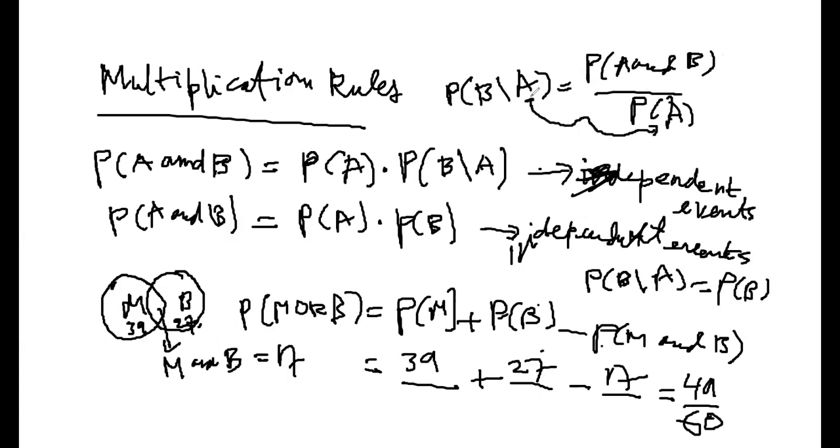If this is A, this will be A. For example, if you flip it, this is A, this is B. So your answer for your problem will be what?